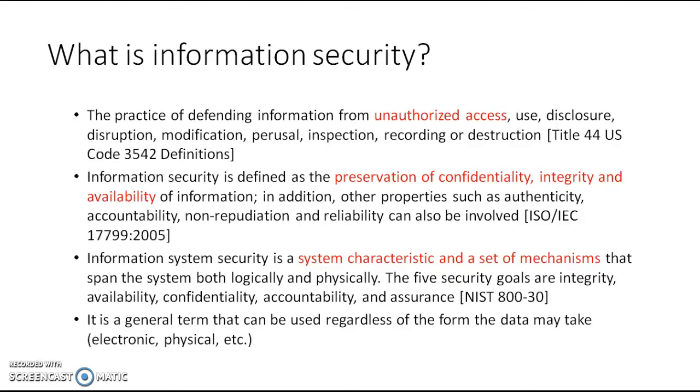The first is unauthorized access, the second is preservation of confidentiality, integrity, and availability, and the third is system characteristics. The system by itself has the immunity, the power, or a set of rules to implement on that. So this is all about information security.